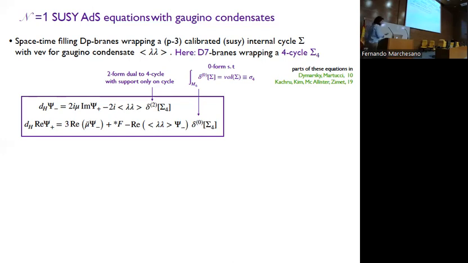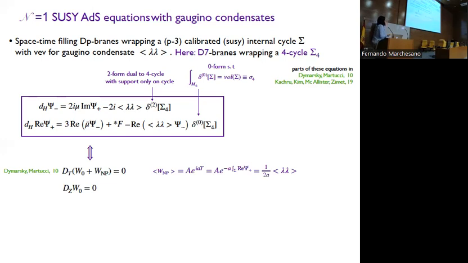So that's a proposal for the equations, which again was mostly all in Dymarsky and Martucci, but they didn't have the cosmological constant, and now we added the cosmological constant. And then we also show that they propose this modification. This one is easy to see, but you have to be clever. They are clever people. So if you remember this equation, one can obtain it as the F term equation for the scalar moduli.